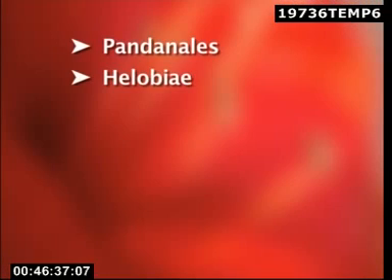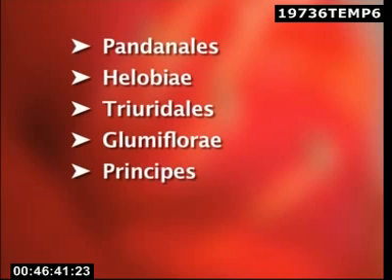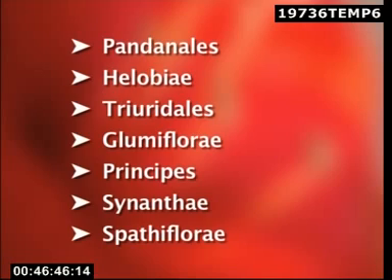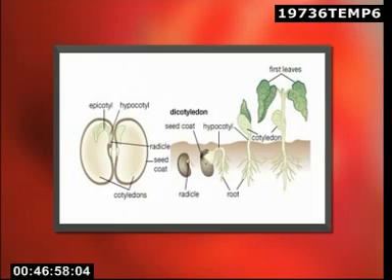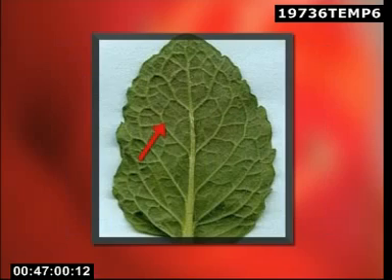The 11 orders are Pandanales, Helobiae, Triuridales, Glumiflorae, Principes, Synanthae, Spathiflorae, Farinosae, Liliflorae, Scitamineae, and Microspermae. Now the class Dicotyledoneae. This class is characterized by two cotyledons, leaves with reticulate venation, flowers tetramerous or pentamerous, stem with open vascular bundles.